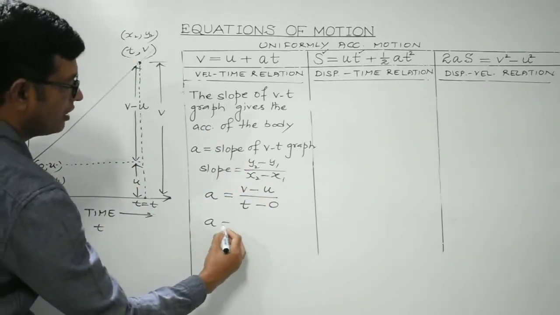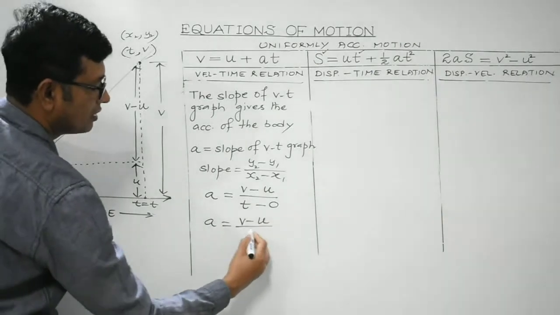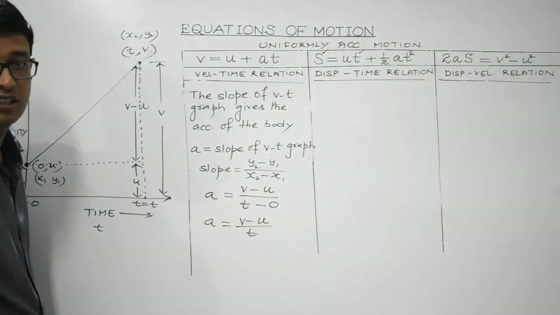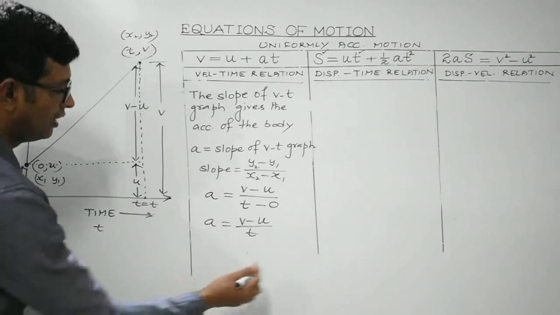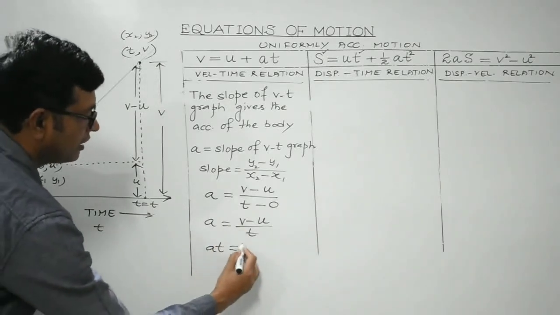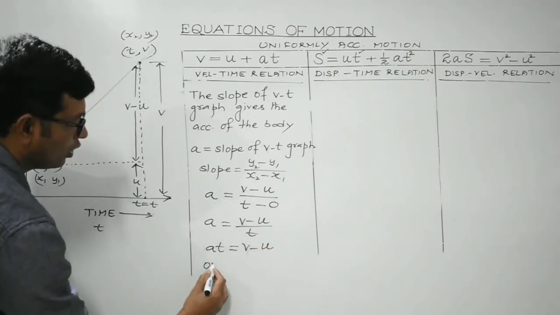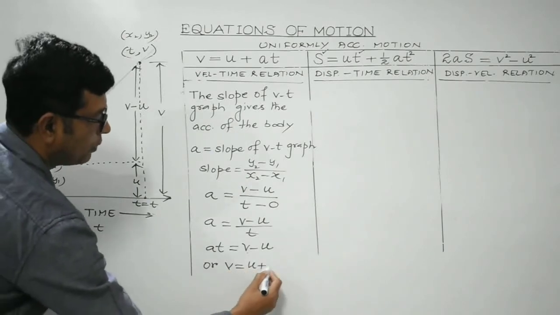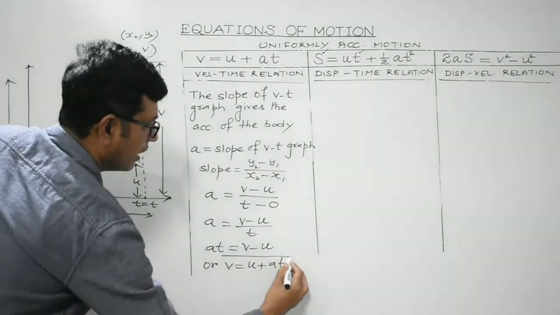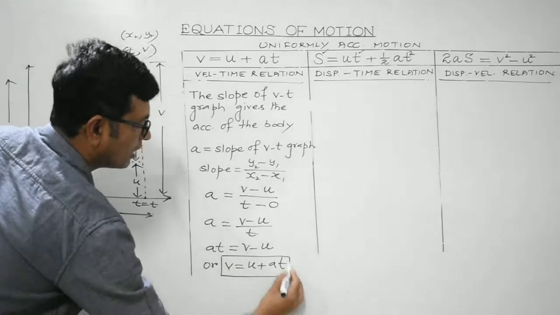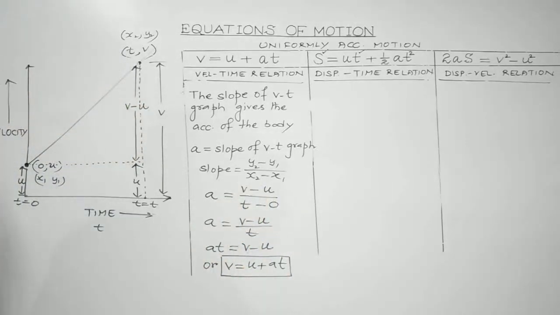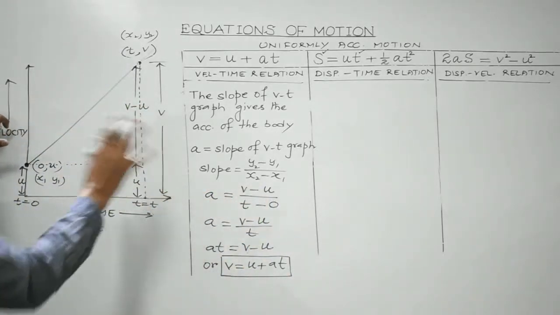So we get a is equal to v minus u by t. That is the time rate of change in the velocity of the body, which we have already done theoretically. So cross multiplying, we get at is equal to v minus u, or v is equal to u plus at. As I have already told, this is known as the velocity time relationship. So graphically it can be easily verified.